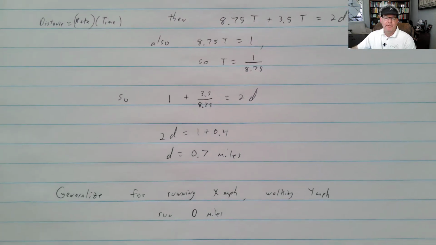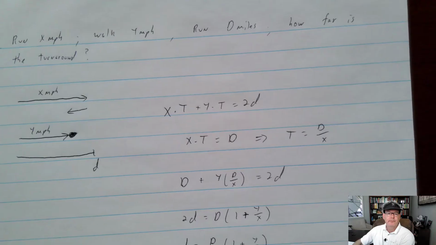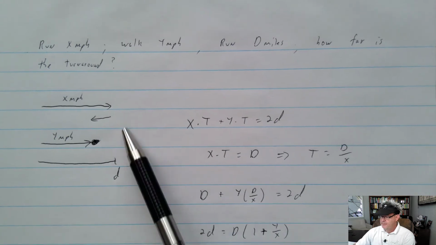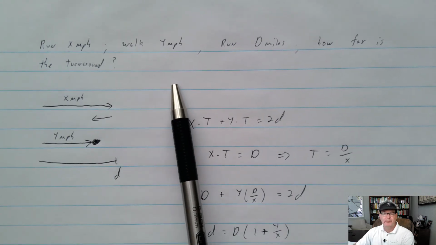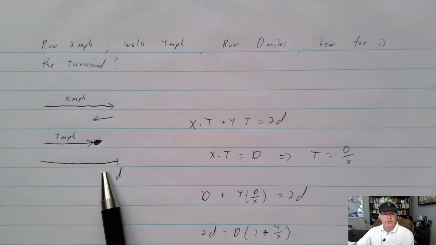I figure I might as well generalize. So for running X miles per hour, walking Y miles per hour, and you want to run D miles, it's essentially the same math. Where should we turn around?